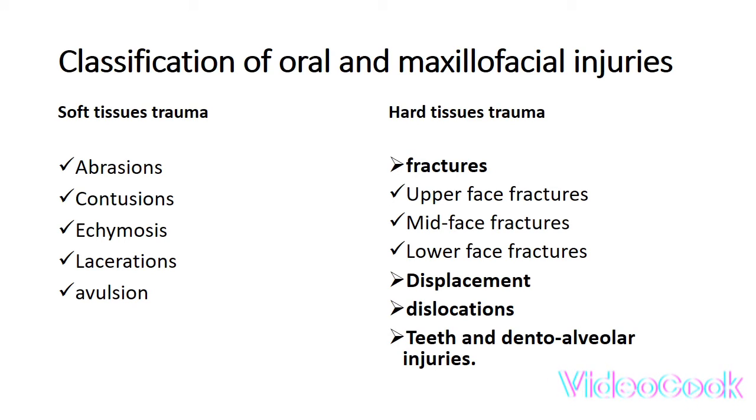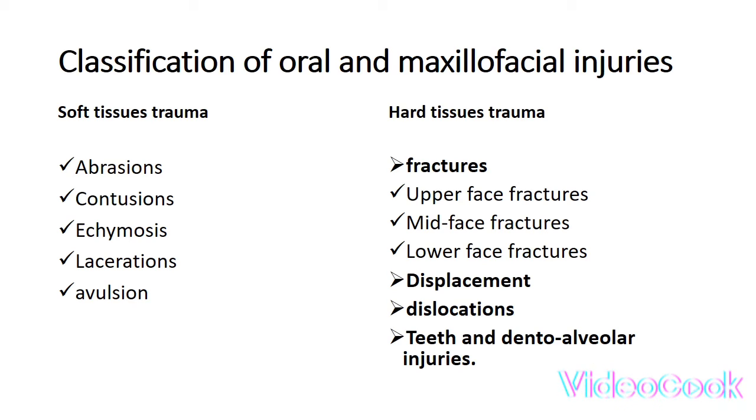The fractures are classified into thirds of the face: upper third, mid third, and lower third, which implies the upper face third is above the orbits, meaning the supraorbital region, mid face is maxilla and zygoma, then lower face is mandible.